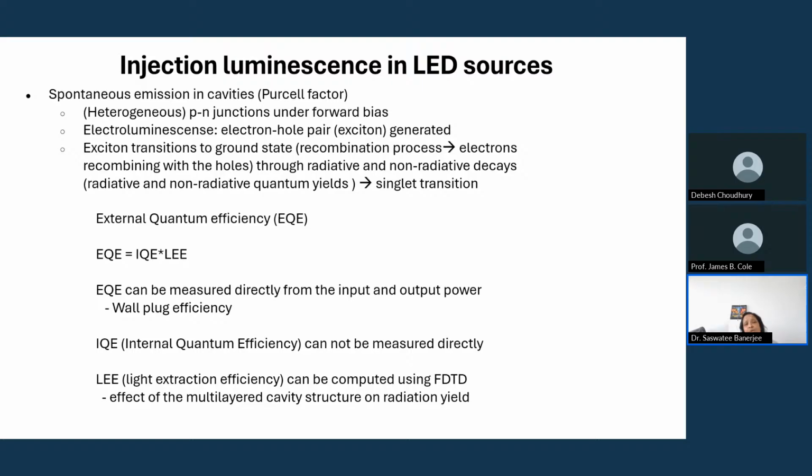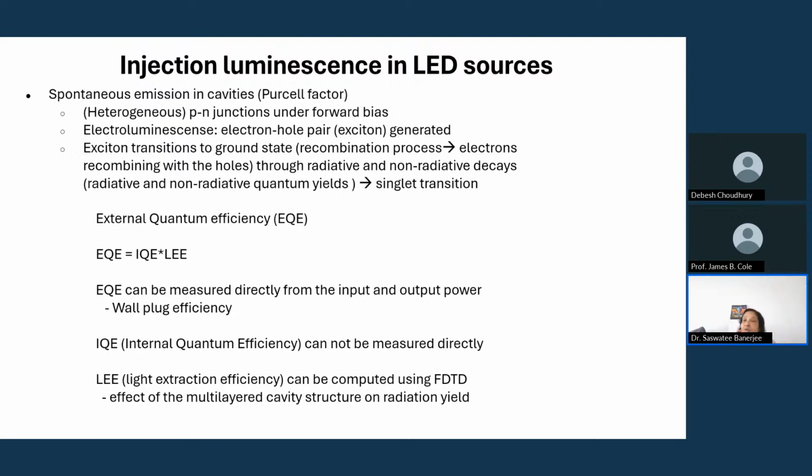Since you have the N donor, P donor, etc., that means the carrier concentration is more than in intrinsic semiconductors. And so you are creating this electron-hole pair that is called an exciton in quantum mechanics. Now these excitons, you are exciting them to a higher state, and then they are coming back to the ground state.